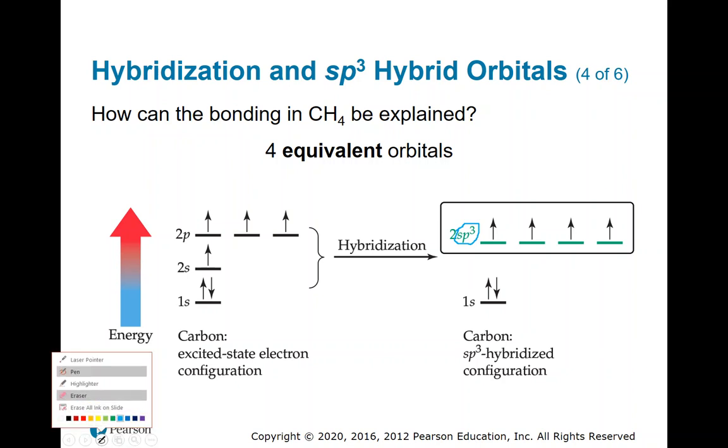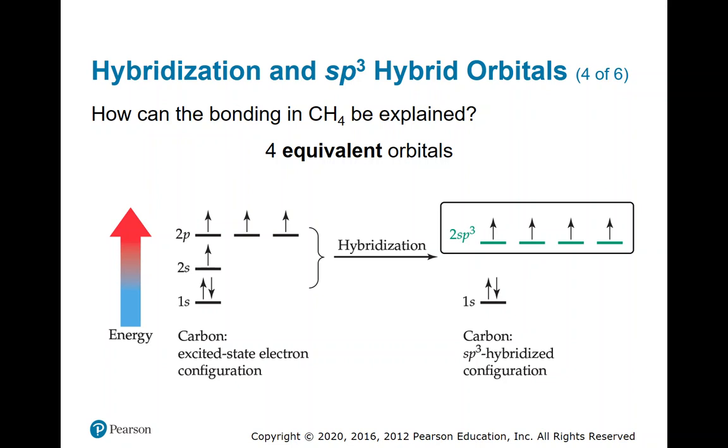So this isn't something that happens to just an individual atom like you would consider when you're writing out electron configurations for atoms, but it's something that can happen to atoms within a molecule when they're bonding with other atoms in that molecule. And so we have these hybrid orbitals, and the evidence for that is that we need to have all 4 of those orbitals with the electrons in them be exactly the same energy, and that simply can't happen if we have 2s and 2p orbitals separate from each other.